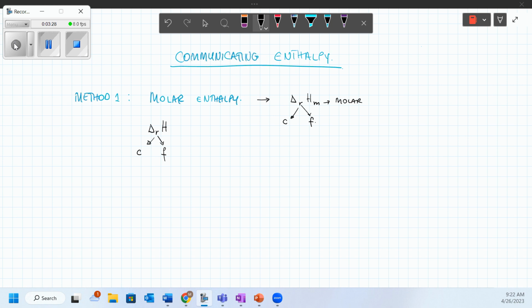When we are talking about standard conditions, in order to identify that we are dealing with standard conditions, we add a 0 on top of the H to indicate standard conditions.